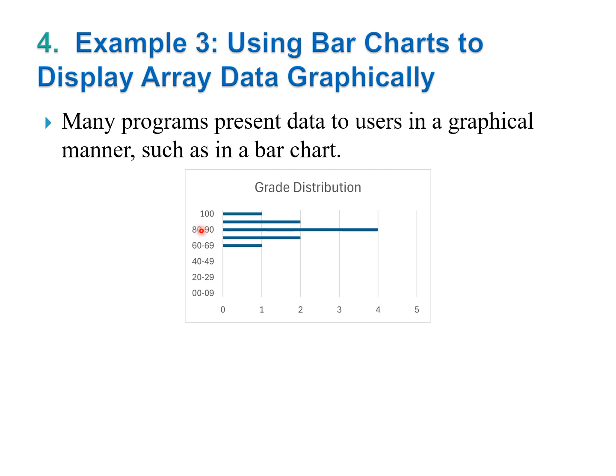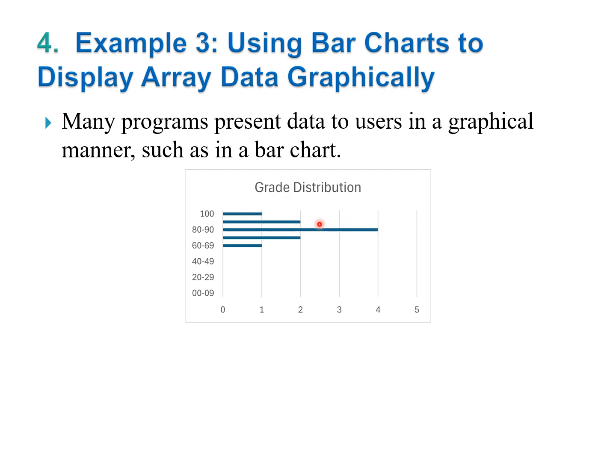The longest bar here shows 4 students having grade in the range from 80 to 90. The bars representing value 2 are half as long as the bar showing the value 4.